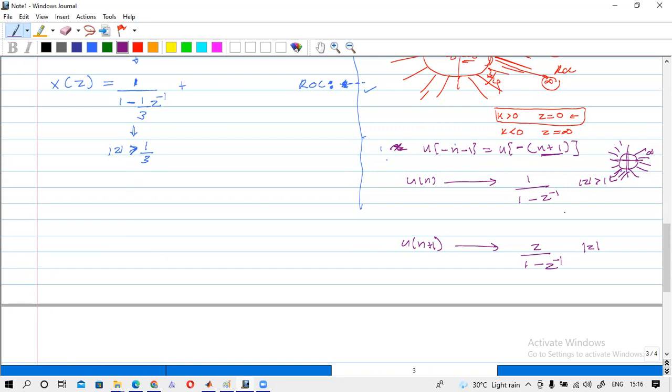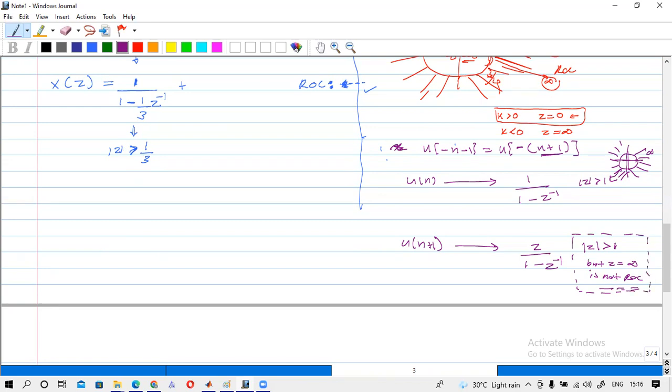But for this n less than 1, the same ROC will be there, but z equal to infinity is not in the ROC. I think we have verified and illustrated this using some example, so these should be clear.